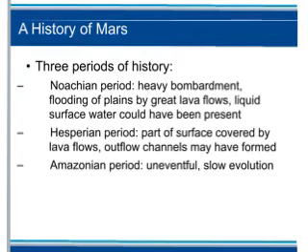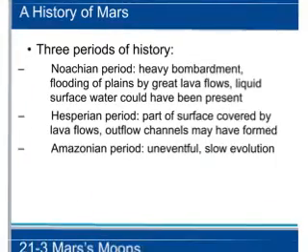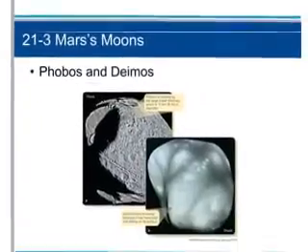And then the Hesperian period of Martian development is when part of the surface was covered by lava flows, and the outflow of channels may have formed during that period. And then the Amazonian period is the uneventful, slow evolution that leads to what we know of Mars today, or what we can observe of it.